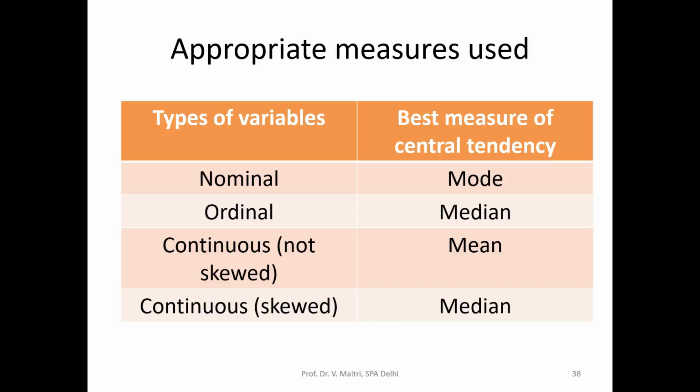For continuous data which is not skewed, the best measure of central tendency is the mean. And for continuous data which is skewed, the best central tendency is the median. So which type of central tendency is to be used for which purpose, we can decide by this.